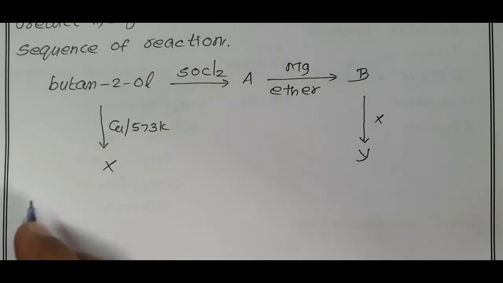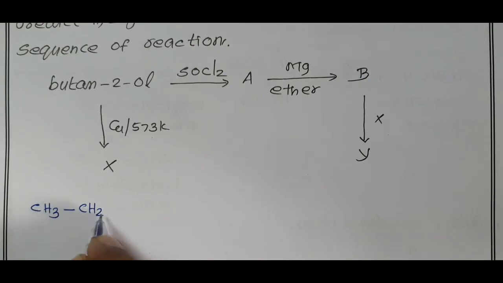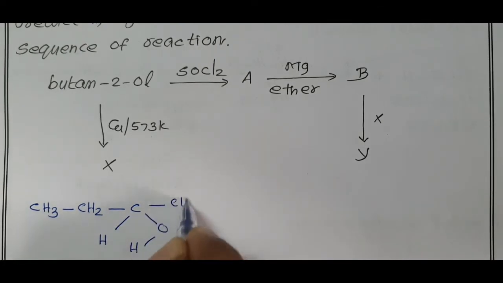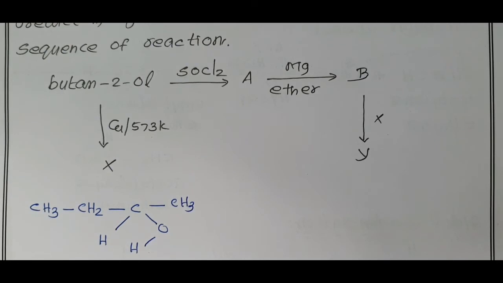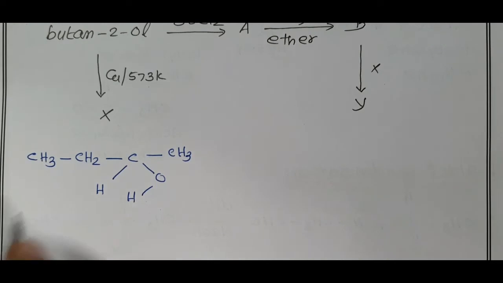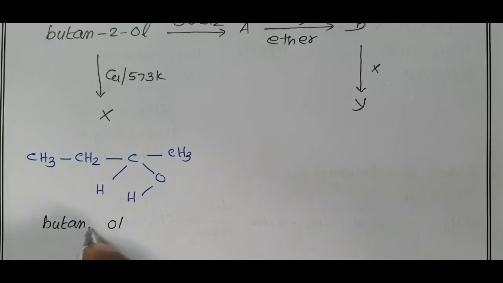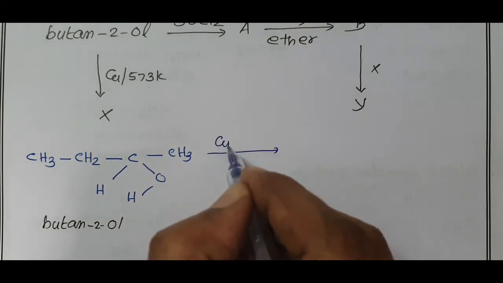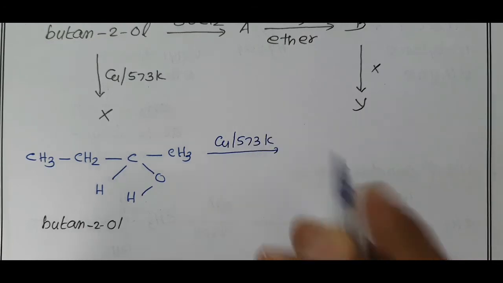Butan-2-ol: CH3, CH2, CHOH, CH3. This is your butan-2-ol. Four carbon atoms, butane, with the OH at position 2, butan-2-ol. It undergoes catalytic dehydrogenation in the presence of copper at 573 Kelvin.